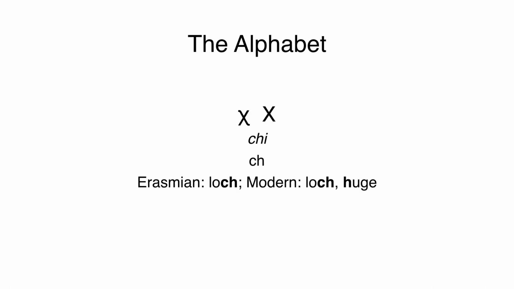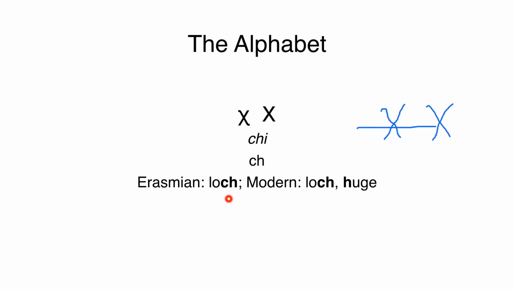Next we come to chi. If our line is here, this is a little bit like an X that hangs below the line, with a slight curve on the first leg, like that. The uppercase version is just like our capital letter X. In the Erasmian pronunciation, this will be like the CH in loch.